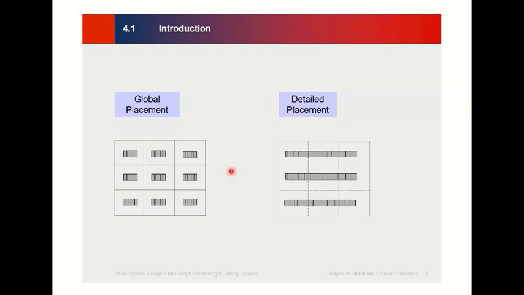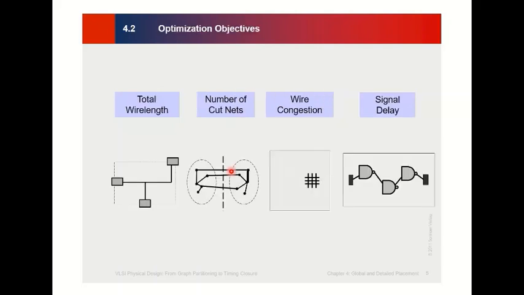This placement consists of two phases. We do global placement first, followed by detailed placement. As I mentioned, rather than wire length, we may consider other optimization objectives, for example, number of cut nets, wire congestion, and signal delay.